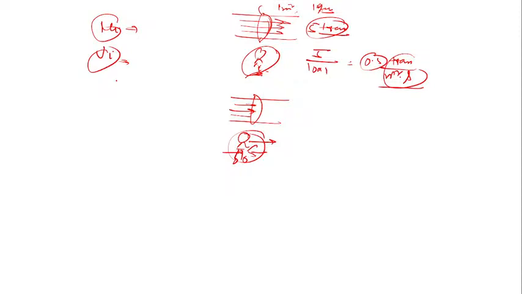Suppose I want to measure the species I, so in which types of flux are you able to measure the characteristic feature of the species? Ni.